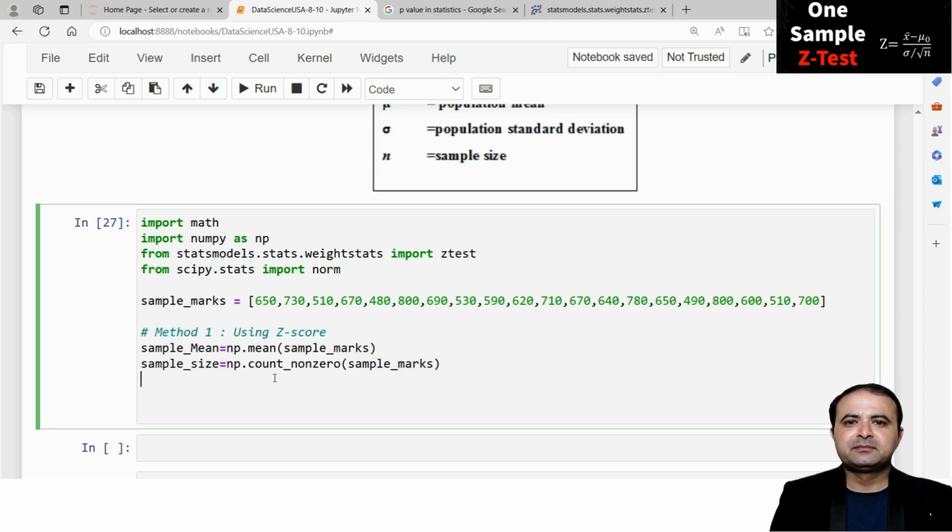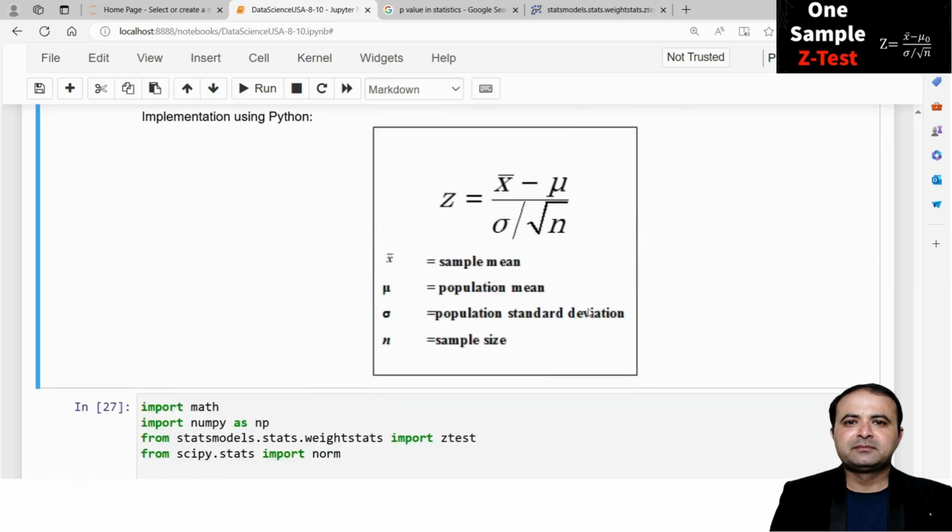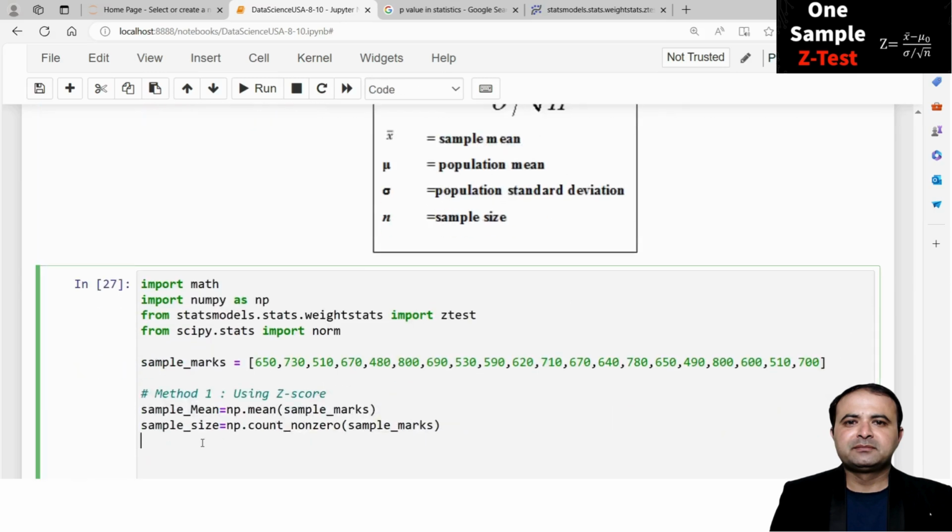And now the population mean is given. Suppose we have the population mean as 600. It is just an assumption. Population mean is 600.